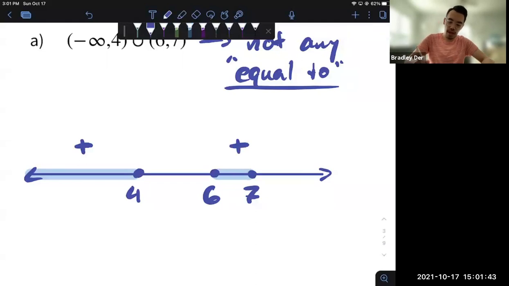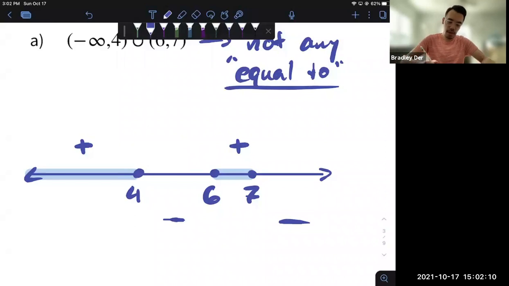We also then need to make sure that we are not using that same sign for any points that are not a part of our interval, right? It really wouldn't make sense for this interval from 4 to 6 to also have positive y values, because then 4 to 6 should be a part of our solution set, right? It isn't, so this can't be positive, right? Our y values need to be negative here and there as well.